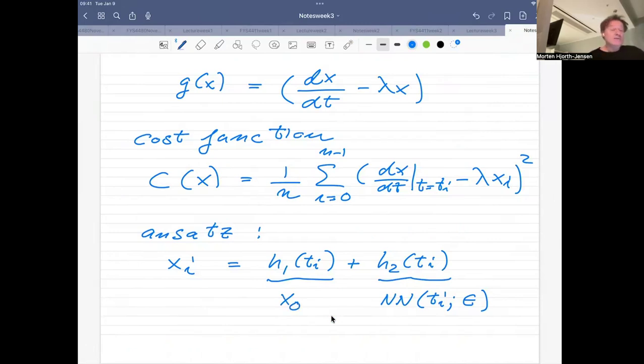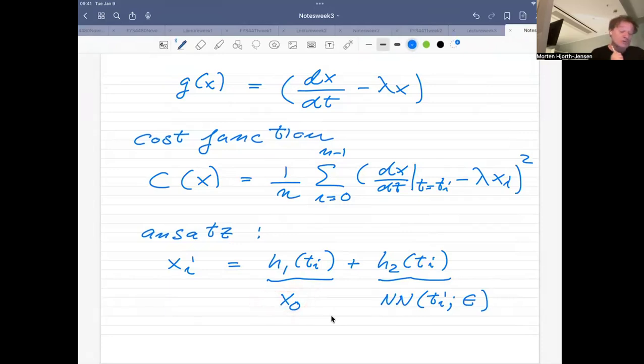Now, however, if you look at the ansatz which we have here for the neural network, we have to be a little bit careful, because we would like that when t_i is equal to t0, which is 0, the only term which survives is this x0.